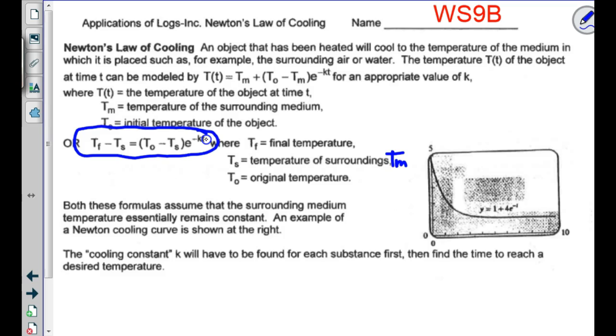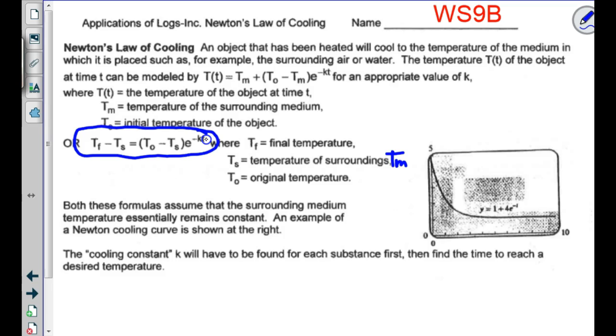But if I take a hard-boiled egg out of the boiling water and put it in this mug full of cold water, is it probably going to actually change the temperature of the cold water? This formula ignores that, just so you know. If this was full of water and I put an egg in there, it probably wouldn't change the temperature of this quantity of water as much, right? So we're kind of ignoring that.